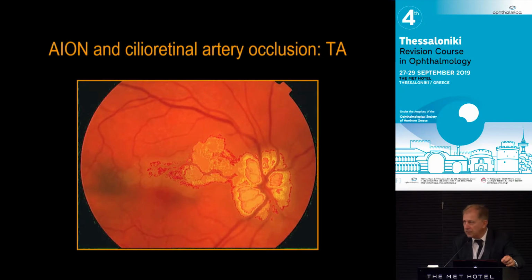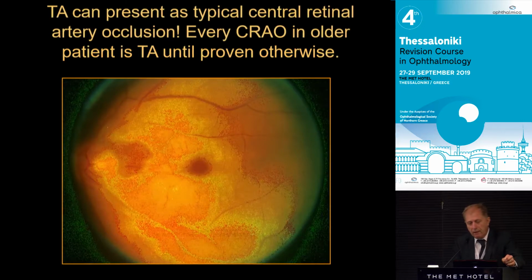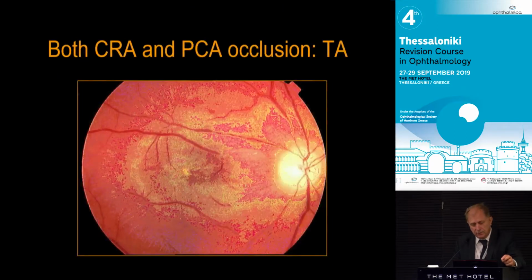If it's an isolated ciliary artery occlusion in a patient older than 55, usually this is temporal arteritis until proven otherwise. You can also see central artery occlusion in temporal arteritis. So don't rule them out as embolic. This is something you should always think, that it's possible that it's also arteritic.